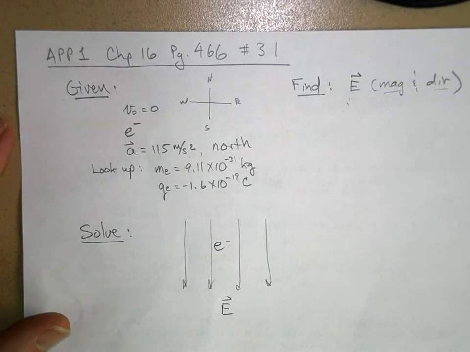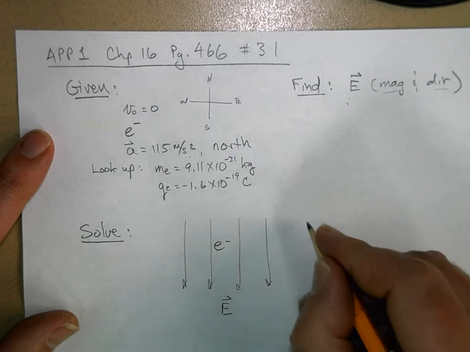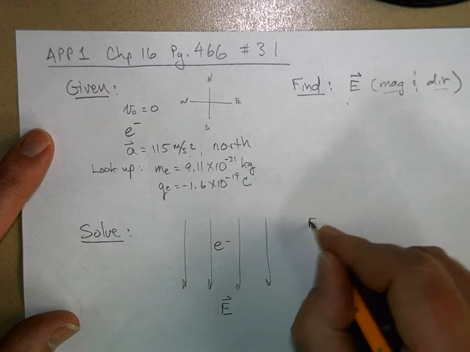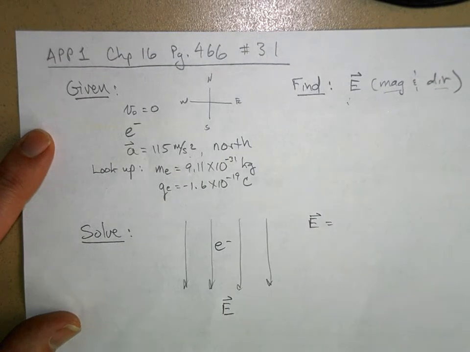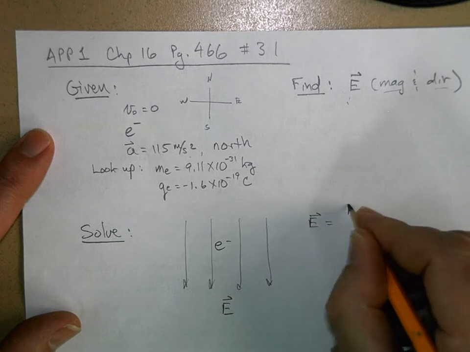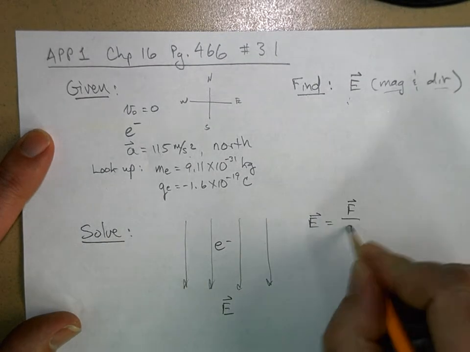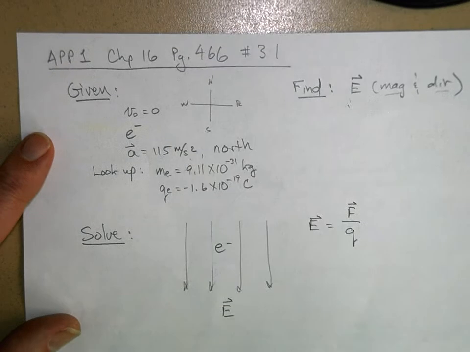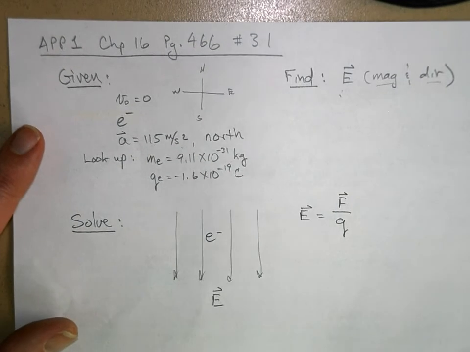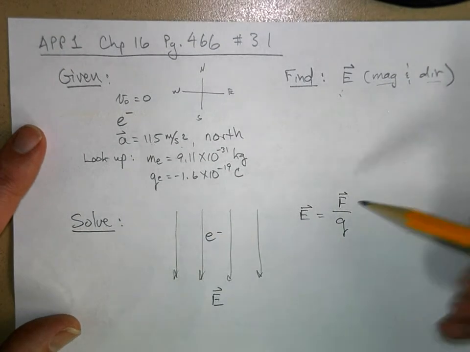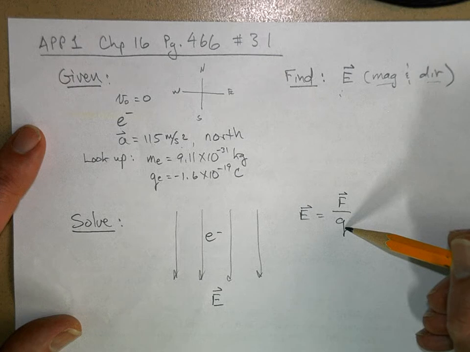Now why? Well, because the electric field, by definition, is the force on our object divided by the charge on our object. Now, the charge on our object is negative.